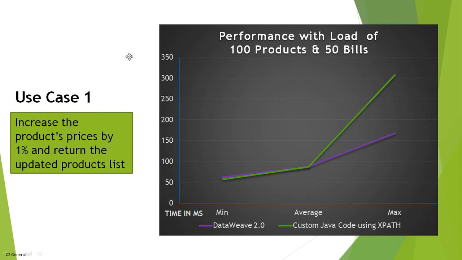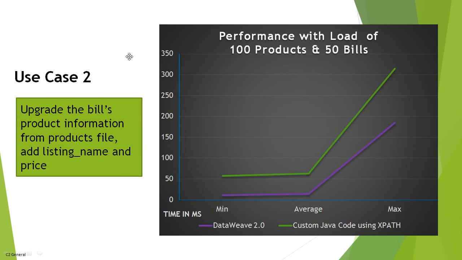But at this moment, we can ignore the max time or min time because it also depends on the processing strategy and the configurations of the machines. So we can consider the average time. I think that is sufficient to benchmark the performance. So in the first use case, both of them are performing quite similarly. Now let's move on to the next use case.